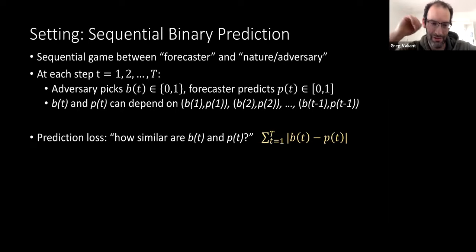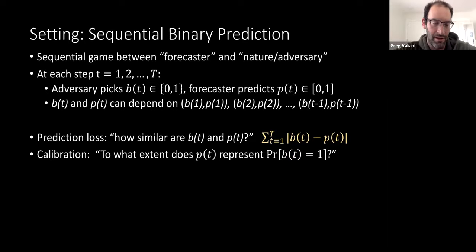We output a probability. The usual prediction loss represents how similar our predictions and the outcomes are. The L1 prediction loss would just be the sum over the capital T time steps of the difference between the outcome and the prediction. Calibration represents an orthogonal notion of success.